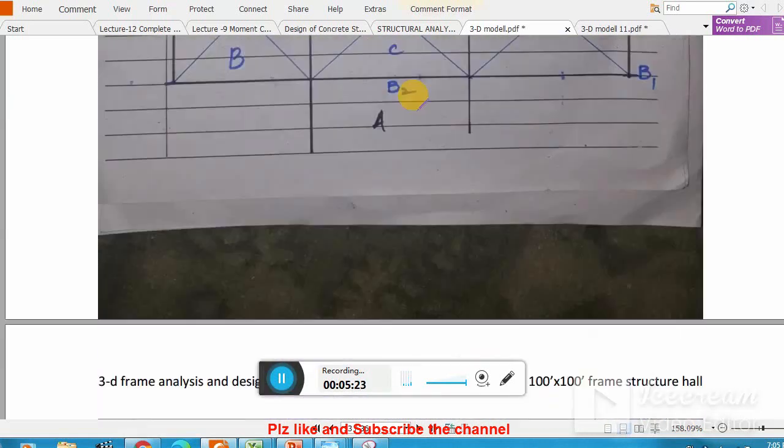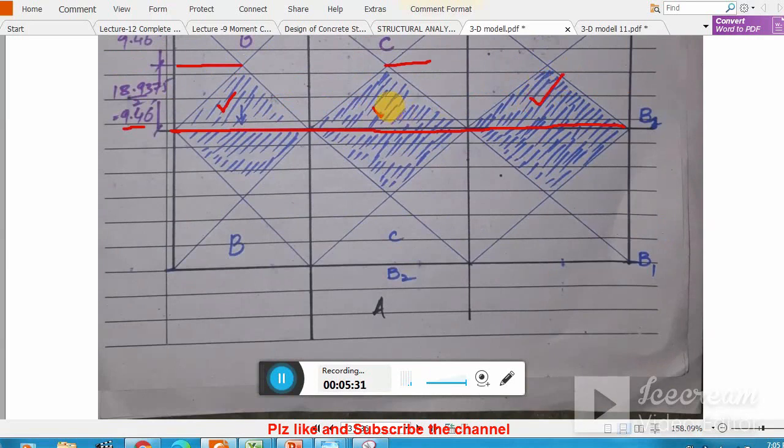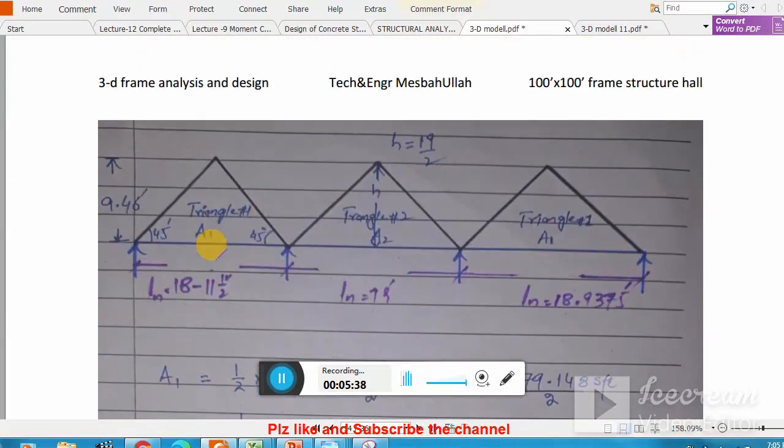So here you see I choose this beam, and I just show these triangles. This one is similar to this one, but this one is changed a little bit. You see A1, triangle number 1, 2, 3: A1, A2, A1.